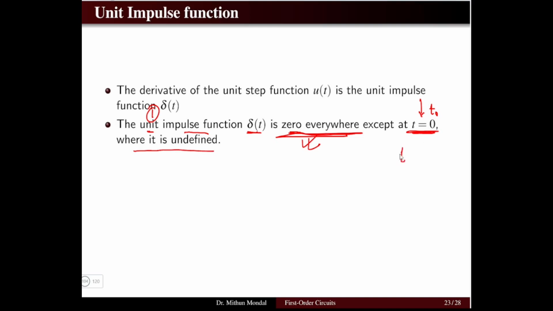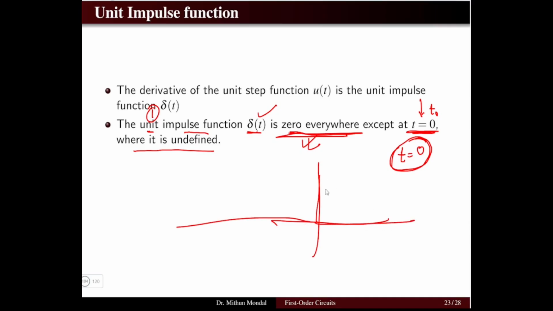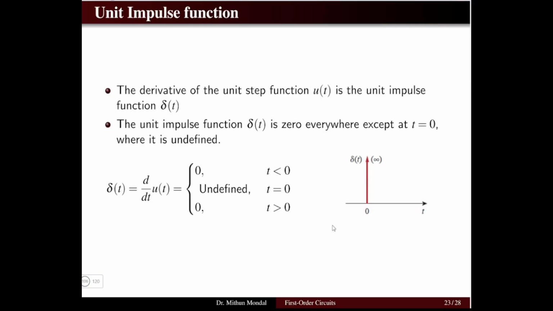So for time t equal to 0, that is at the switching operation, there will be del of t of unit amplitude, and in all other conditions it will be 0. So here only 1 will be there at time t equal to 0. That is the impulse function. So we can see that the impulse function is defined for time t equal to 0. At this time t equal to 0, there is an amplitude on the y-axis.